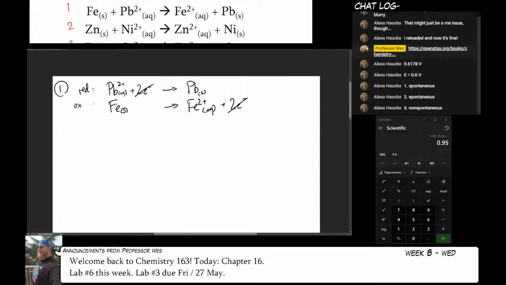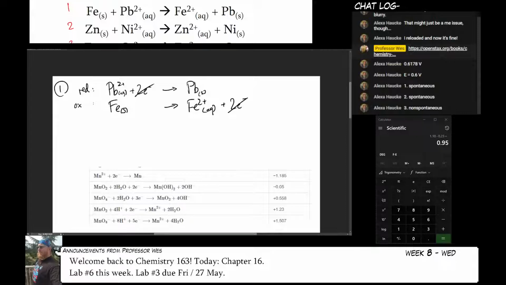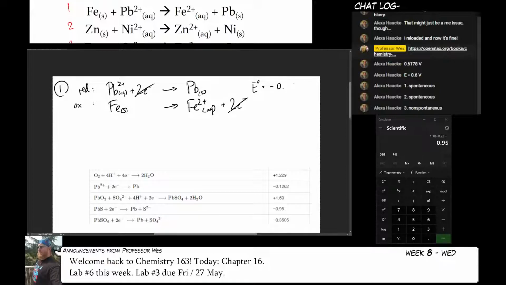And if we go look up our standard reduction potentials, I get negative 0.1262 for lead.